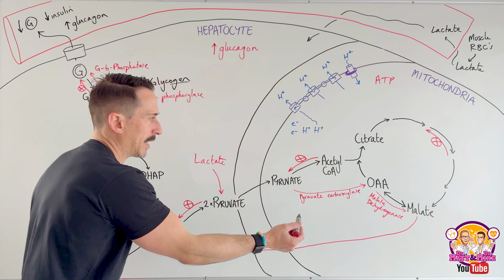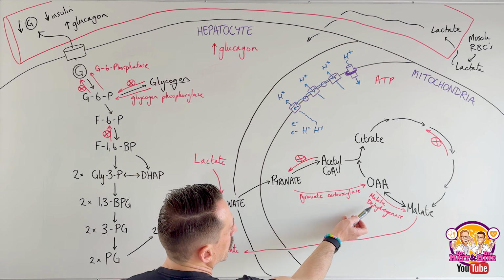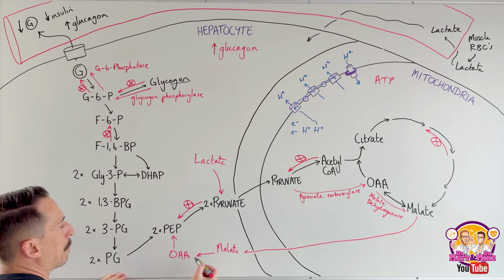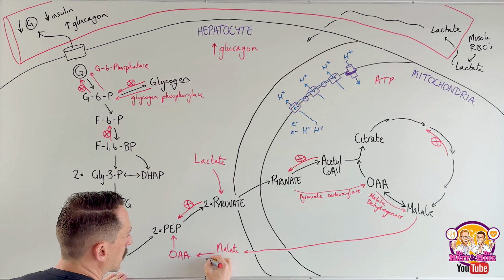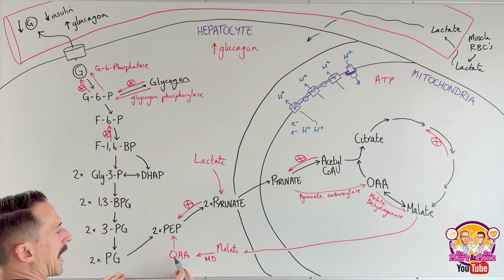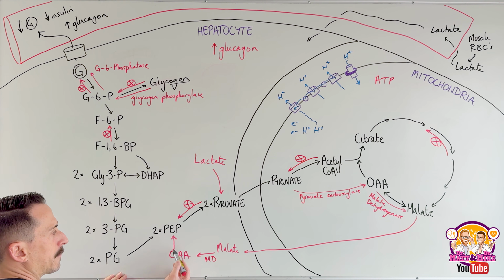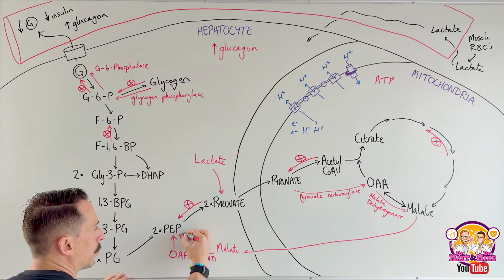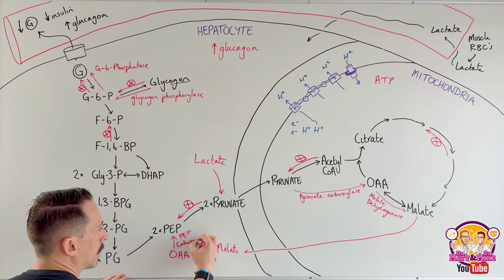Now let's add the rest of the enzymes. Malate dehydrogenase was used to turn oxaloacetate to malate. It's also used to turn malate back to oxaloacetate. So let's just write MD for malate dehydrogenase. Now the enzyme used to turn oxaloacetate to phosphoenol pyruvate, that is called phosphoenol pyruvate carboxykinase.